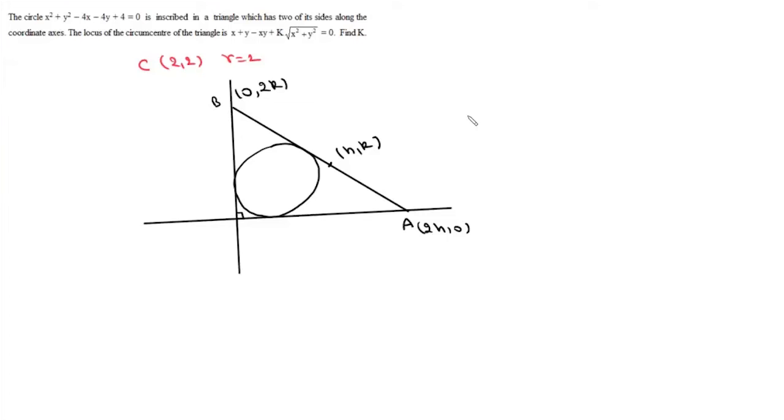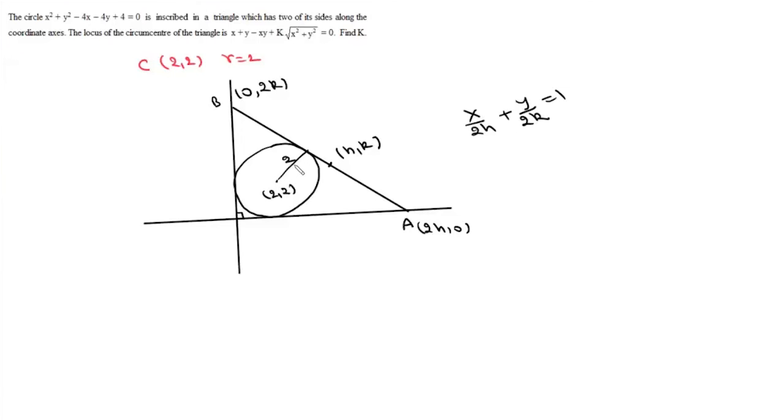Now the equation of this line will be x/2h + y/2k = 1. And this line is tangent to this circle with center at (2, 2) and radius 2 units.